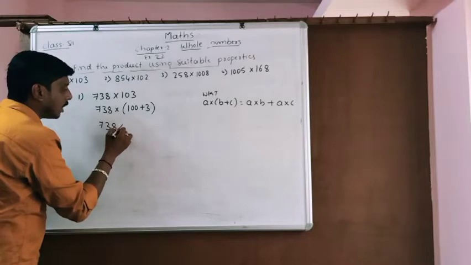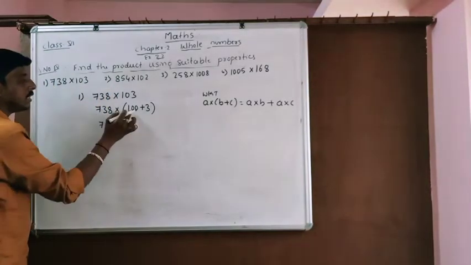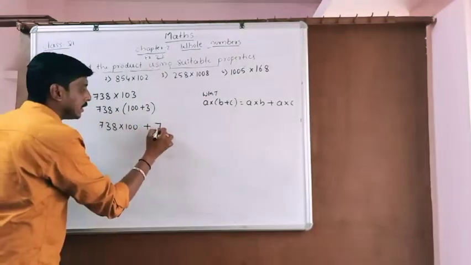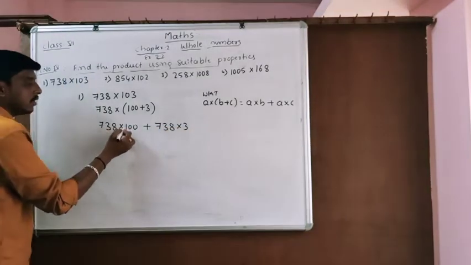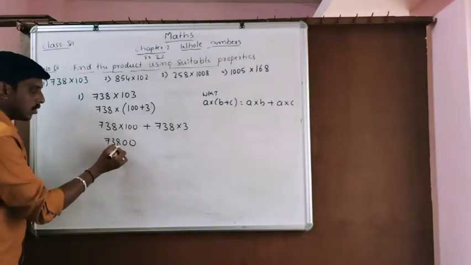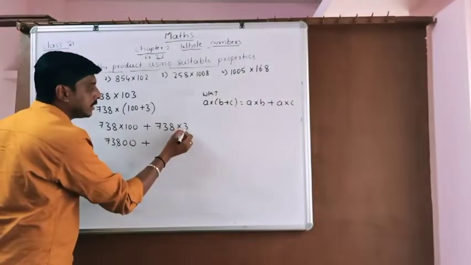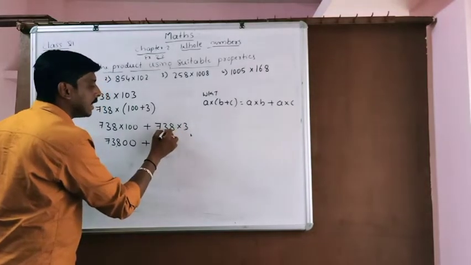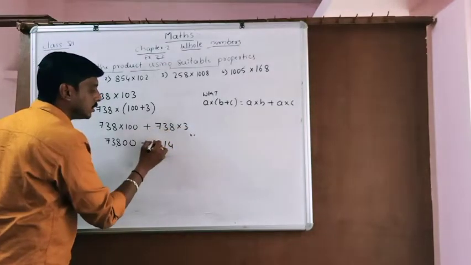738 into 100. See, A into B is there, plus is there, keep a plus, 738 into 3. Now multiply 738 into 100, it is 73,800 as it is. Plus, multiply 3 to this number. 3 8s are 24, 2 carry. 3 3s are 9, 9 plus 2, 11, 1 carry. 3 7s are 21, 21 plus 1, 22.